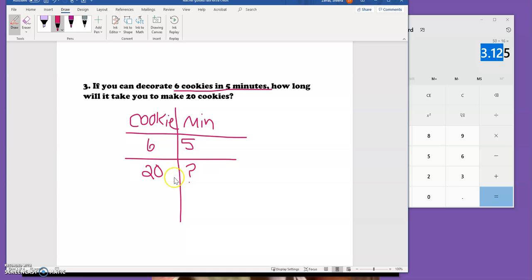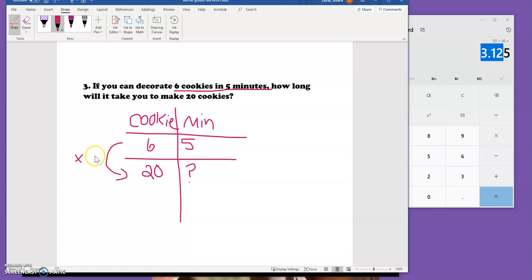Now, in order to figure out this question mark value, I need to know if I multiplied or divided my original 2 numbers to get my new set. So I'll look at the 2 numbers that are on top of each other. We have 6 and 20. I'm going from 6 to 20, so I would say I'm multiplying. I'm not sure what I'm multiplying by.